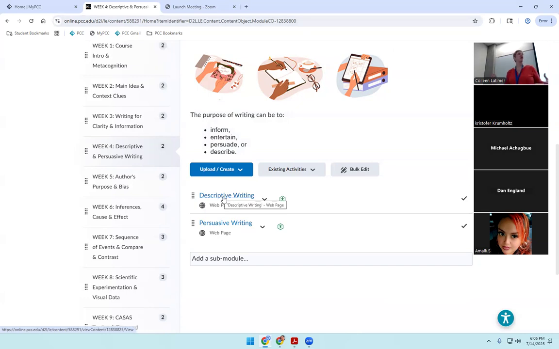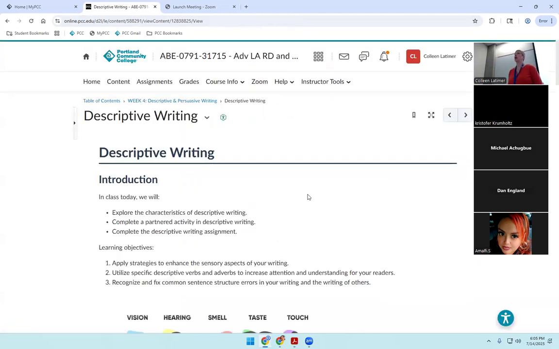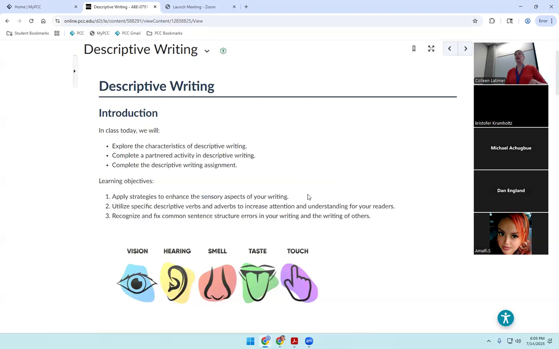And it's just about creating really thorough language so that people can visualize and feel what you're talking about. It's used a lot in narratives, novels, little less common in some of our business transaction type writing. So today we are going to focus on what are the characteristics of descriptive writing.